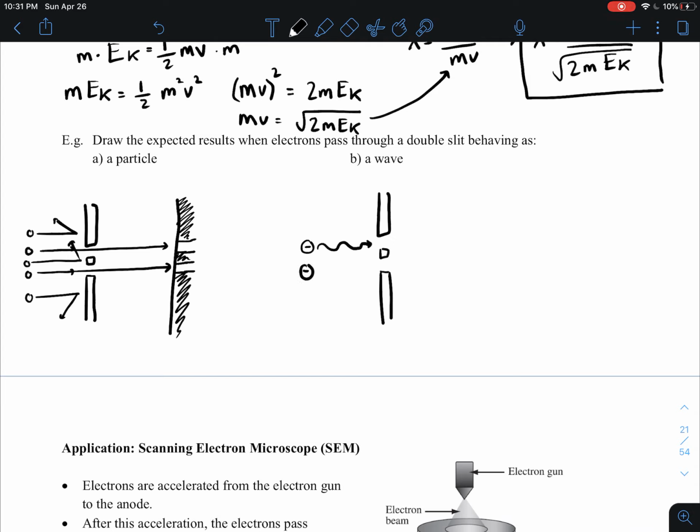We end up getting diffraction, that as the electrons go through these openings, they do not just simply produce two bright spots on the end like particles would, but instead we end up getting that same diffraction pattern that we saw when we shot waves through this same apparatus.